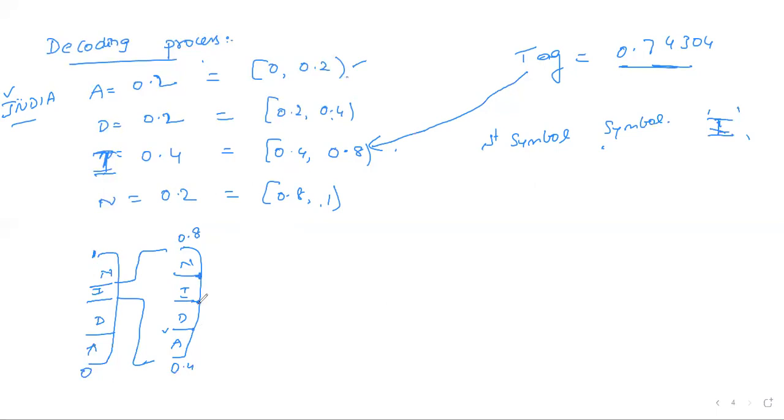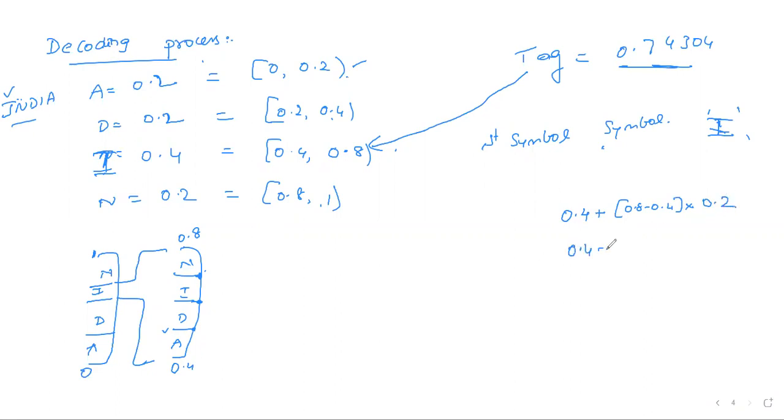This is mandatory, because suppose A is transmitted or D is transmitted or I is transmitted or again N is transmitted, we don't know. So we have to calculate every interval.